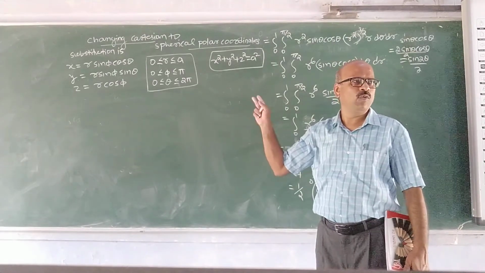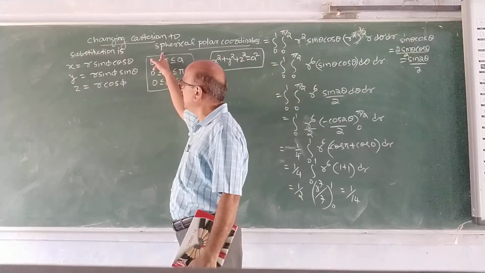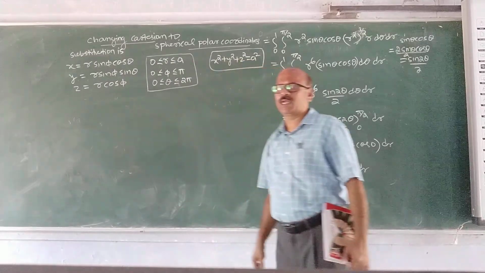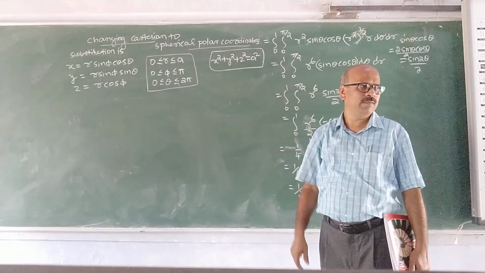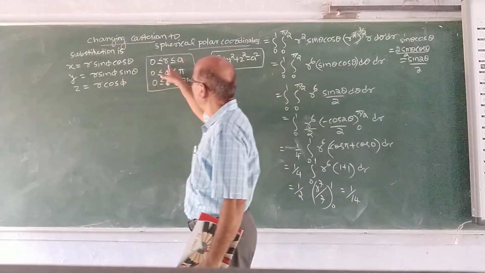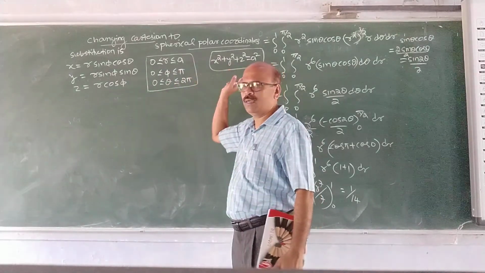Correct? Spherical polar coordinates, I have to study and explain. But Cartesian to polar is easy. Now you take only this substitution, and the limits of r, phi and theta are given by this, and we can solve problems.